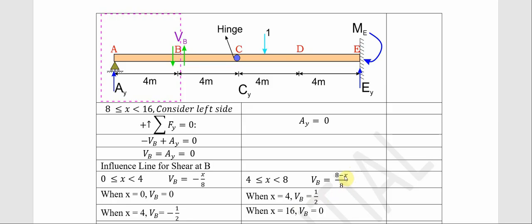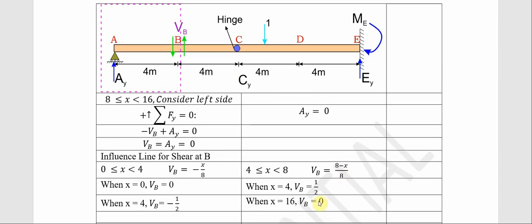That should be minus 1. VB, 8 minus 16, that should be minus 8, then divided by 8. Minus 8 divided by 8 should be minus 1. So I think this one should be minus 1.